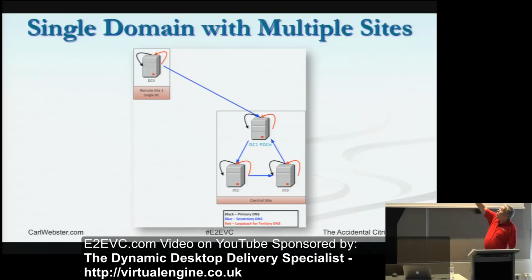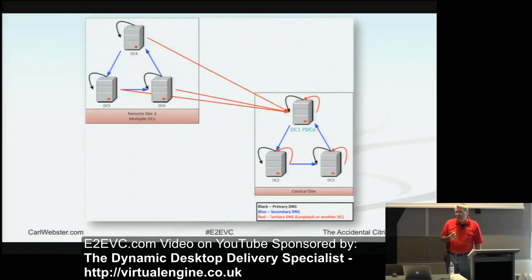And then when you have remote sites, it is very important that you remember that when you remove a domain controller or you re-IP your network, you need to go in and clean up Sites and Services.